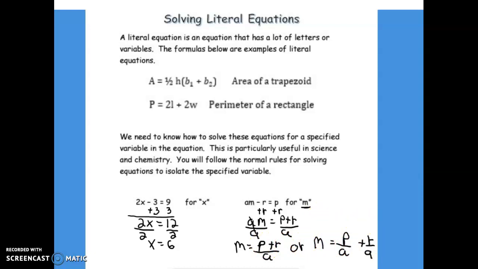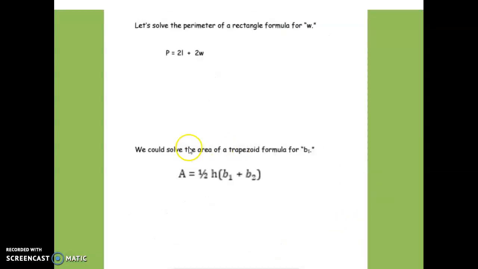All right, let's take a look at a couple more here. So now let's take a look at the perimeter we were talking about a second ago. Okay. Again, formulas that you're going to use in geometry, right? We're solving for W. All right, so we're going to get W by itself. So to get W by itself, first of all, I would subtract 2L from both sides, right?